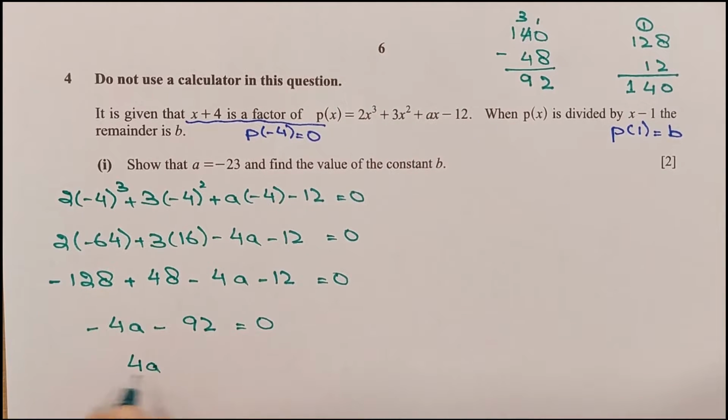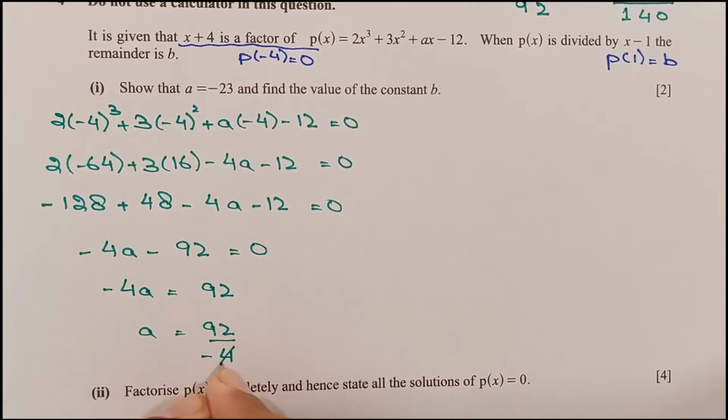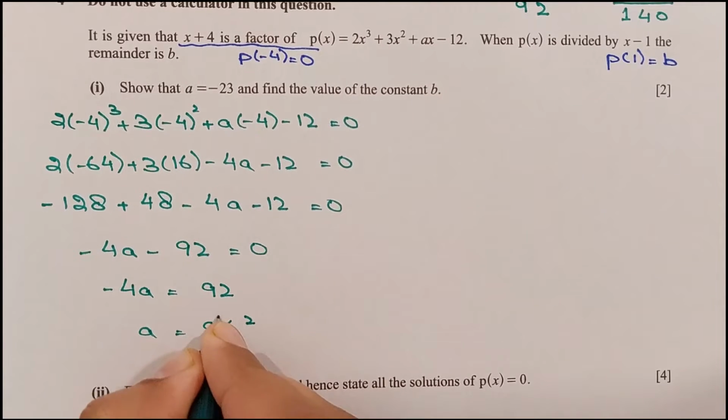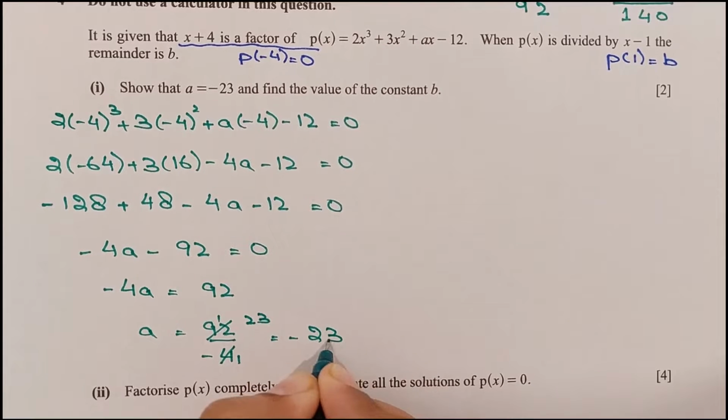So negative 4a equals negative 92, and the value of a is 92 divided by negative 4. 4 times 23 is 92, so a is negative 23.